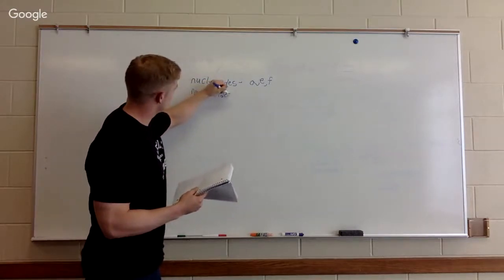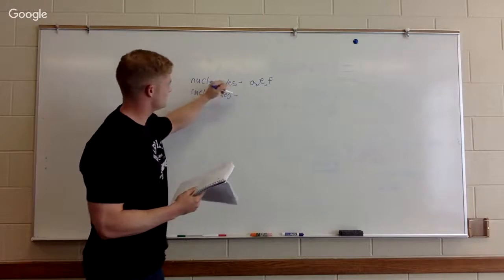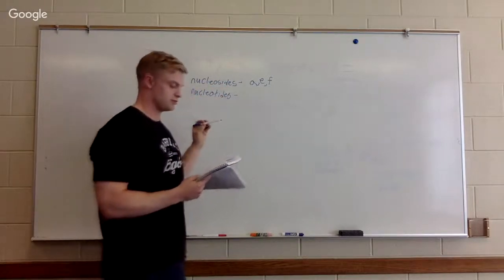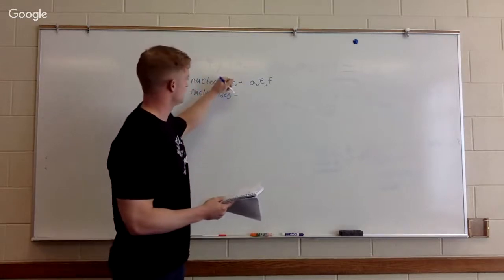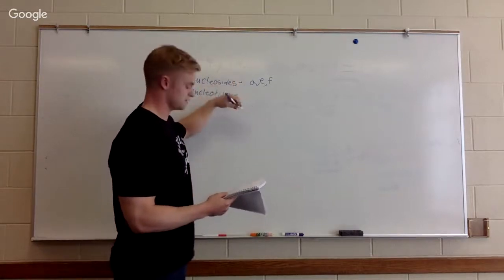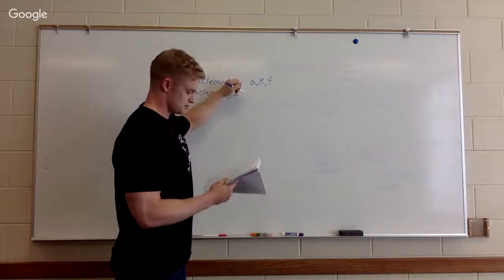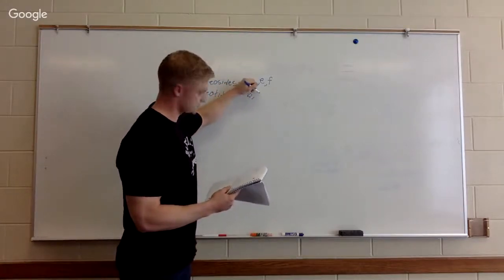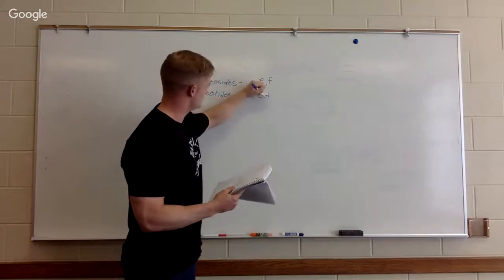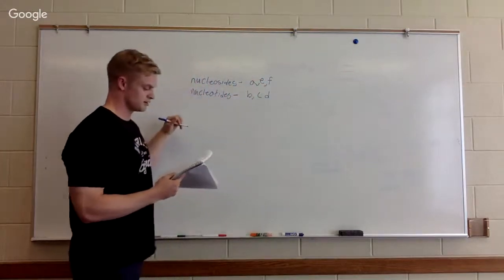Nucleotides is a nucleoside with the sugar and the base plus a phosphate group attached to the sugar, forming a phosphodiester bond. So that one is B, C, and D.